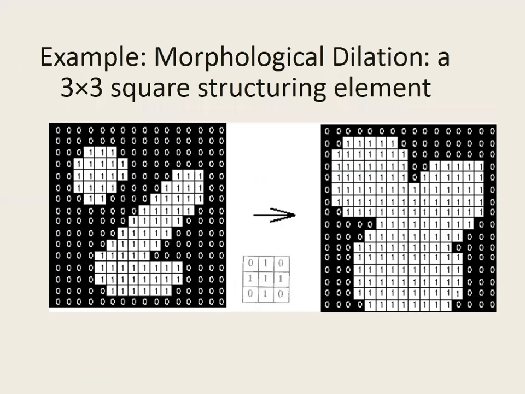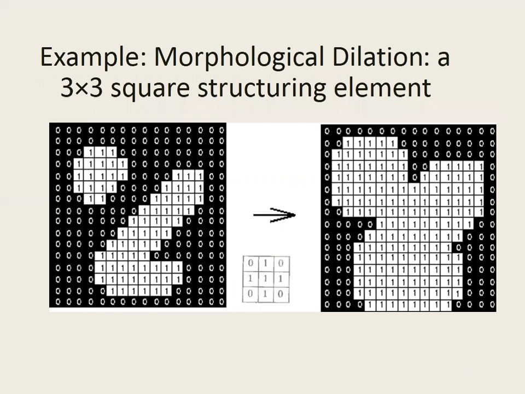If you consider again a binary image, and if we have a 3 by 3 structuring element where we are considering a cross, where ones are available vertically and horizontally.